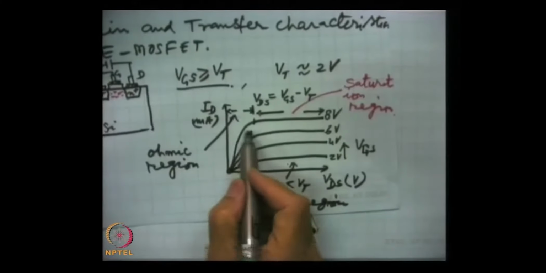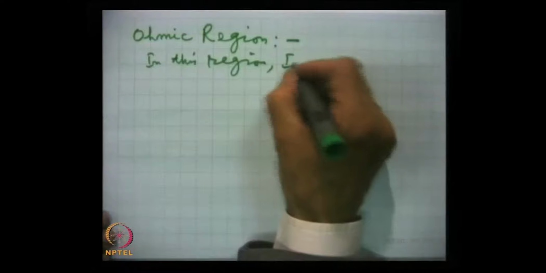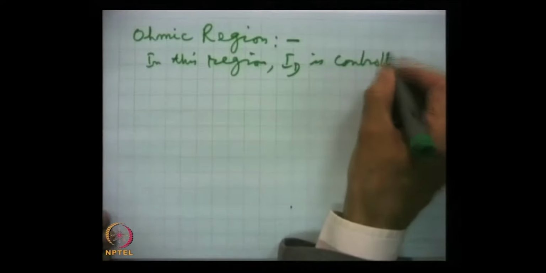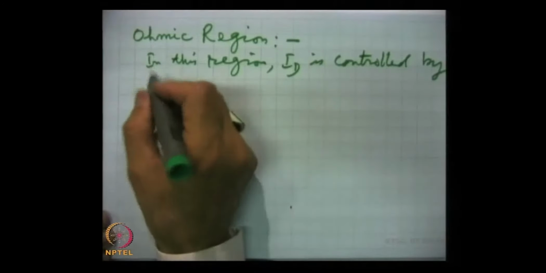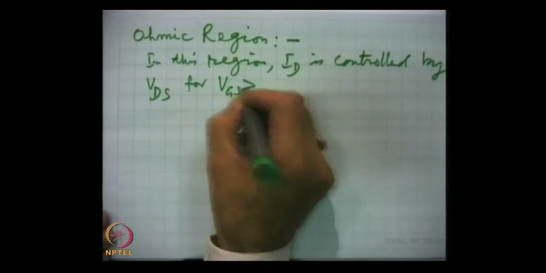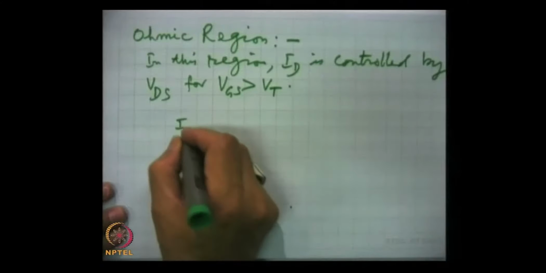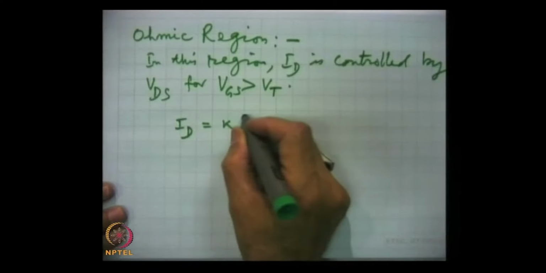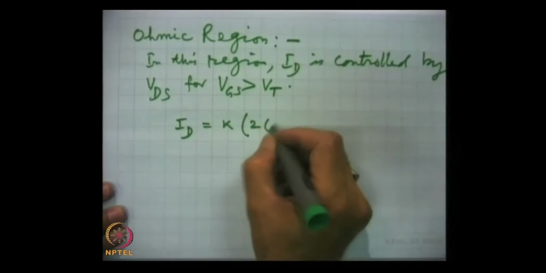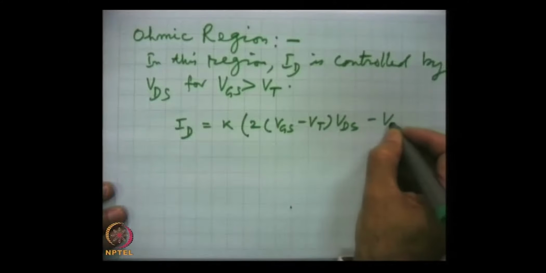Remember, this is the region which is the ohmic region, and the drain current ID in this region is controlled by the drain source voltage VDS for gate source voltage greater than VT, and the current can be expressed as ID, the drain current, is given by K times 2 (VGS minus VT) VDS minus VDS square.